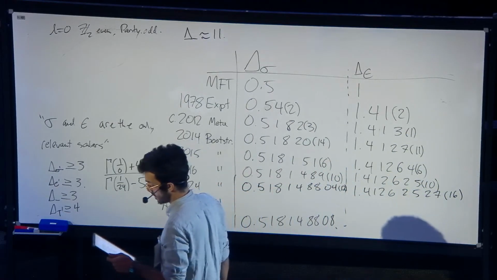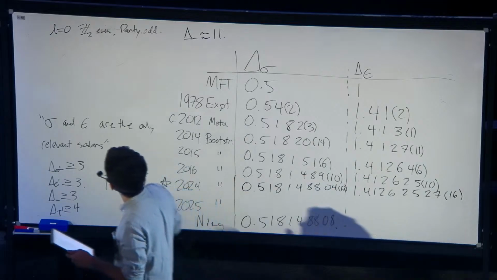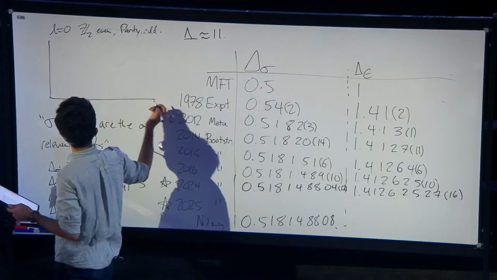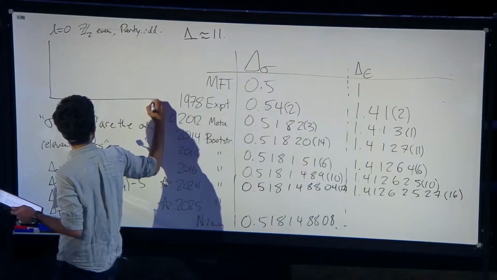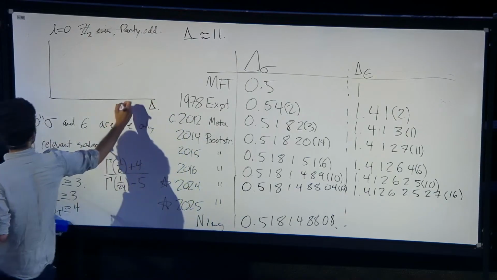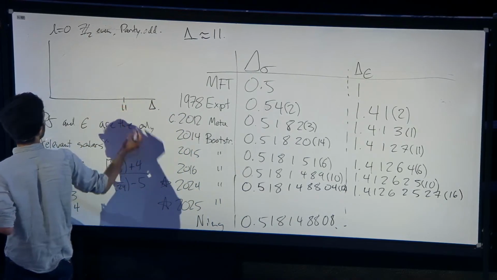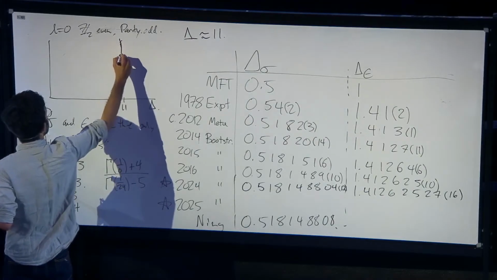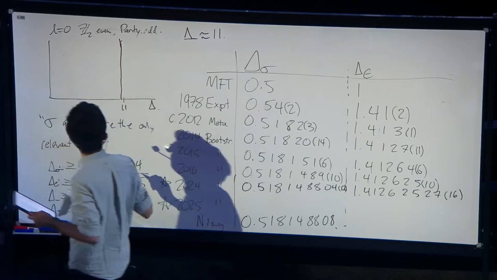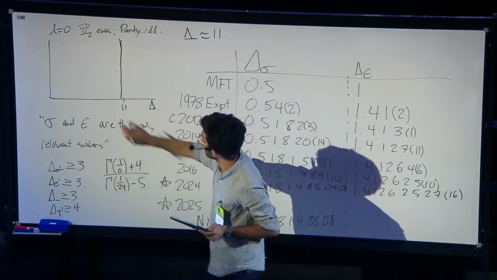So that's huge. And if we look at the data now, so of dimension, say this is dimension 11 or so, indeed we see a really, really strong presence of a real operator in the spectrum right around 11.